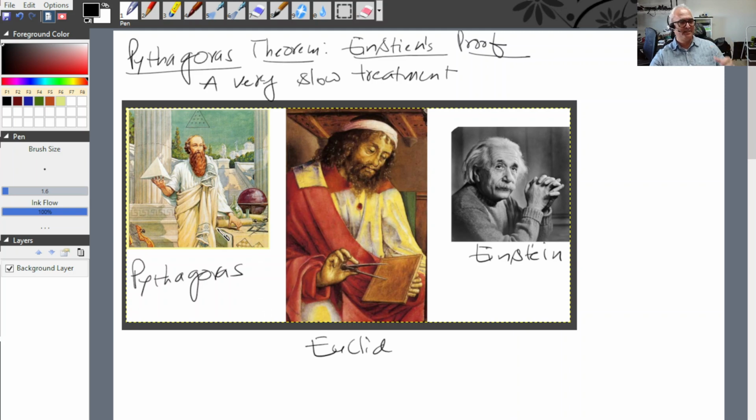So the great men we are obliged to: Pythagoras, Euclid, and Albert Einstein. This is the picture of Albert Einstein, but Pythagoras and Euclid, we don't know if these are the real pictures, but this is from some artist's imagination.